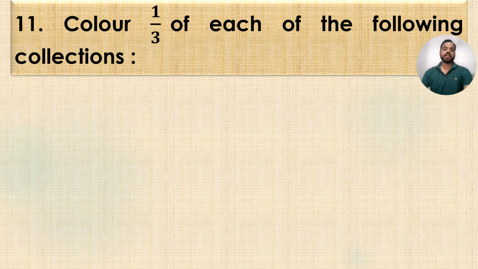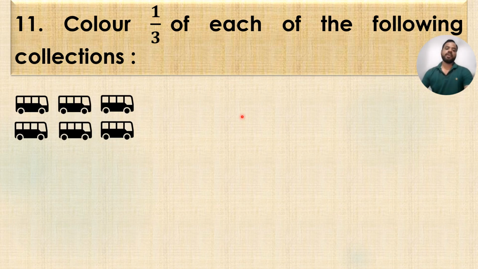Now the next question is color 1 by 3 of each of the following collections. Here we are given 1, 2, 3, 4, 5, 6 buses, and we have to color 1 by 3 of the buses.